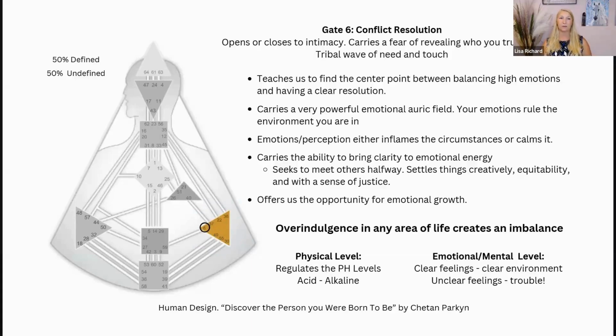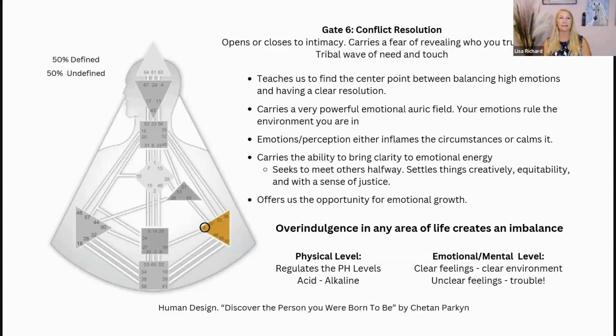And in learning to reach your neutrality point, so not making a decision from a high, not making a decision from a low, but really finding your balance point, your neutrality point, that's going to help you to make decisions that are in correct alignment for yourself.